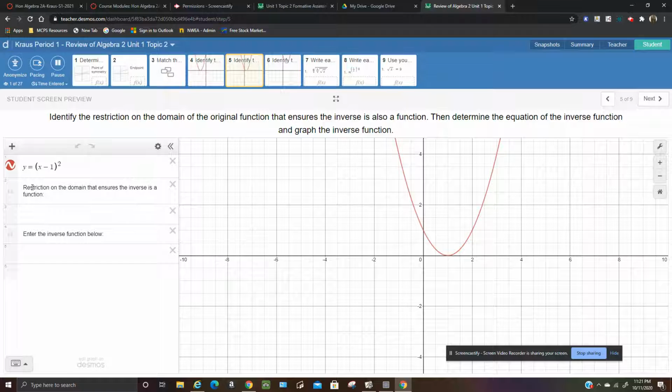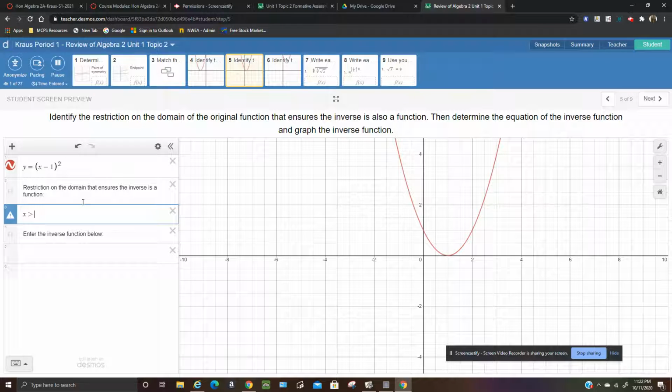All right, this one here, the restriction on the domain, this is at 1, 0. Each of these are a half. So the restriction on the domain is x is greater than or equal to.